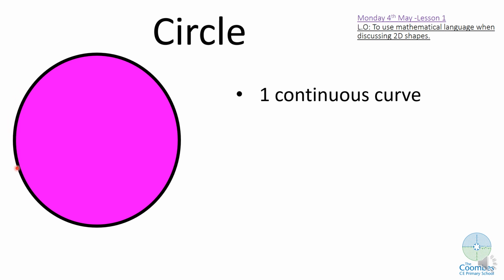There is no start point and there's no end point. So there is one continuous curve. And as we said, the line isn't straight, so it is a round shape. It is round. It's not straight, it is round.